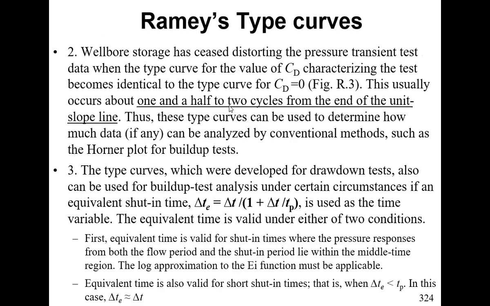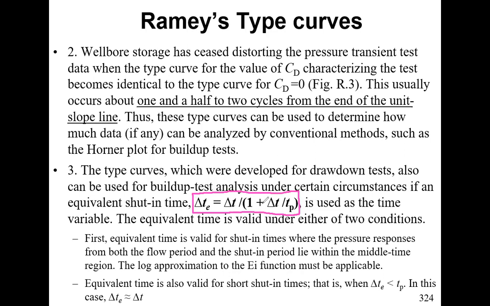So this is equivalent time. If you want to analyze build-up tests using type curves, whether it's the Ramey or the Gringarten type curves, you will need to calculate an equivalent shut-in time.